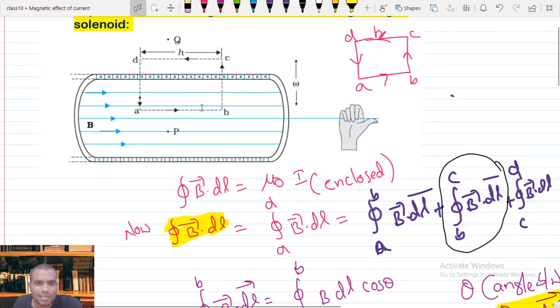In the two cases, from B to C and from D to A, that angle becomes 90 degrees, so that contributes 0. But in the case from C to D, we have taken the magnetic field as 0 itself.